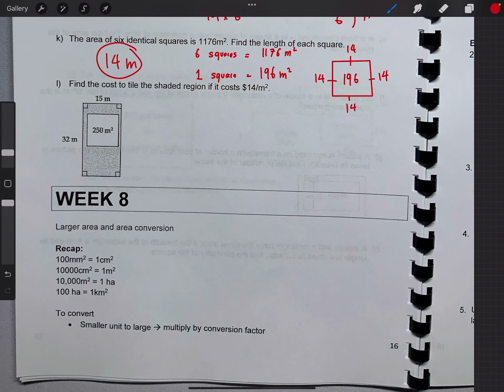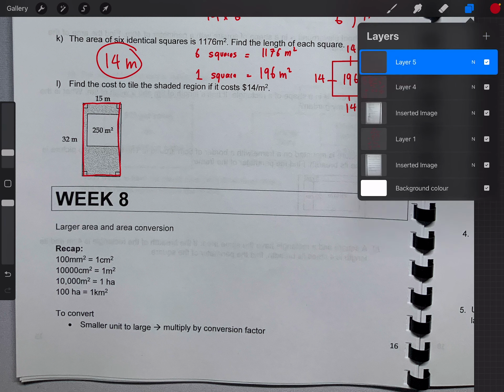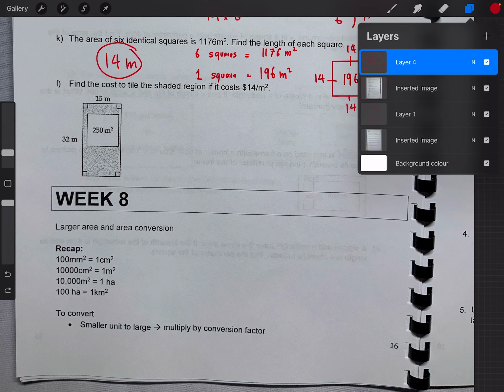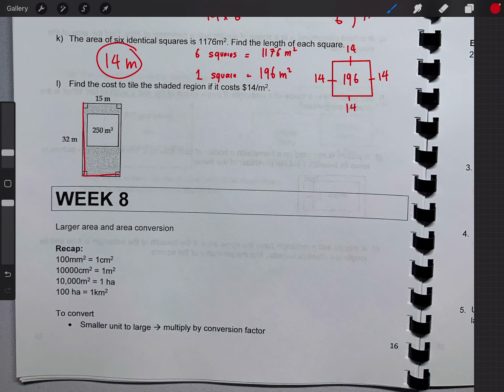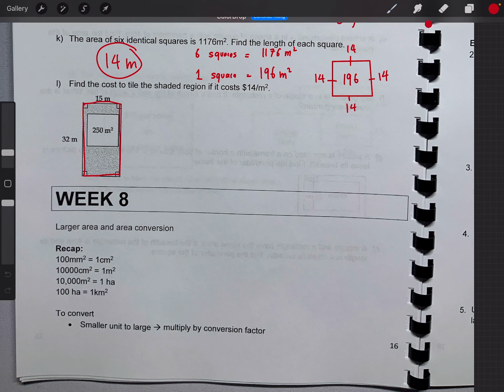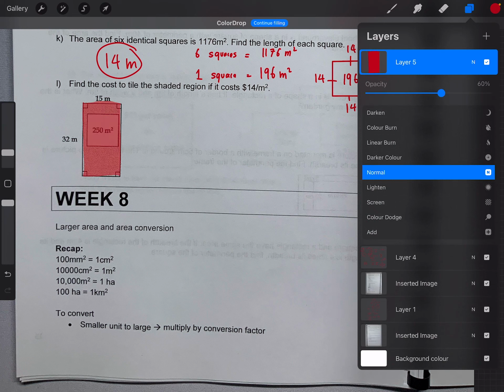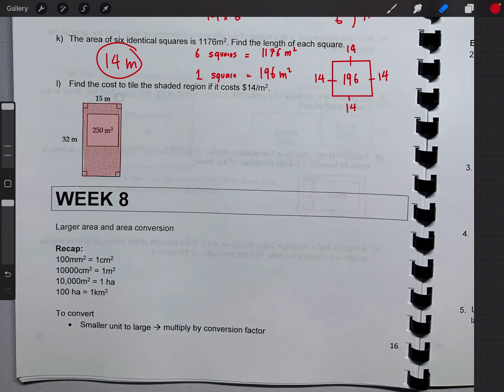Alright, next one. Find the cost to tile the shaded region if it costs $14 per meter. First we need to find the area of this shaded region. So we find the area of the big rectangle, which is 32 times 15.